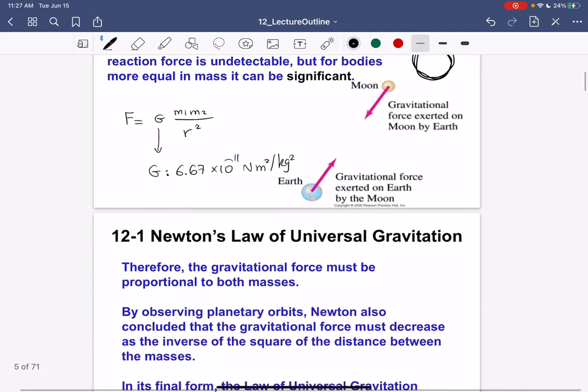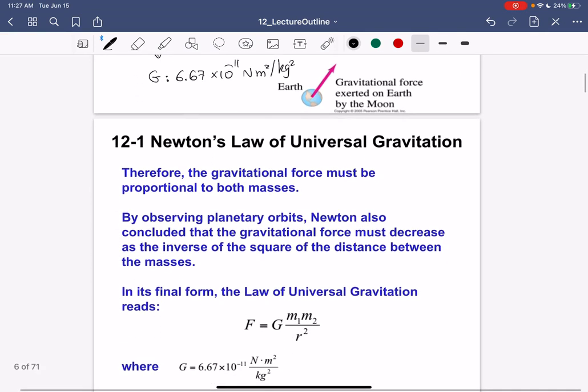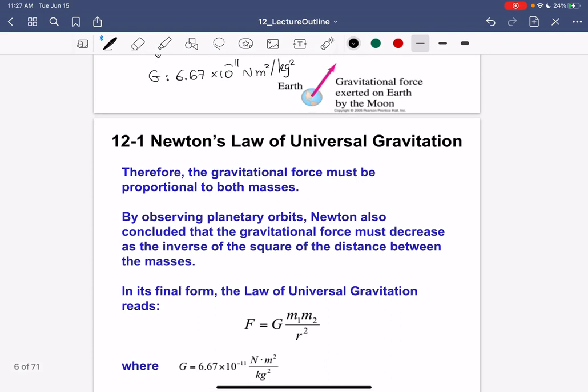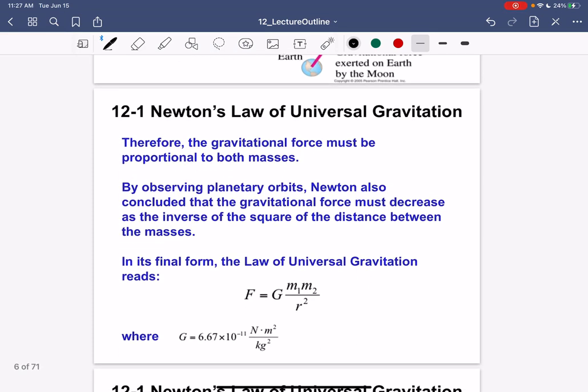Now also, as I mentioned before, Newton was able to find that the force has to do with the masses. Also, by observing things, he was able to conclude that the force must decrease as the inverse of the square of the distance between the masses.